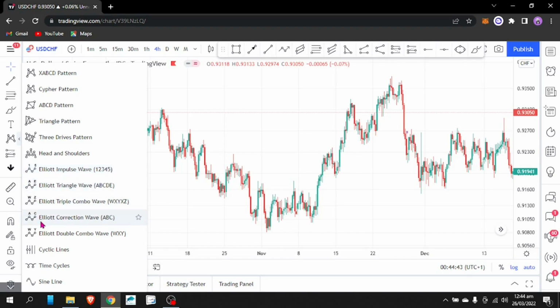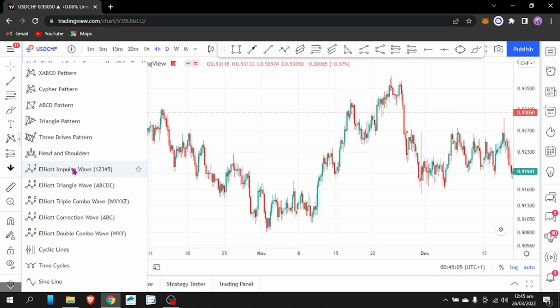And also we have the Elliott correction wave A, B and C. Now you can use this tool to plot out the pullbacks, which are most times 3 waves, A, B and C, and this tool can be used to plot out the overall trend.